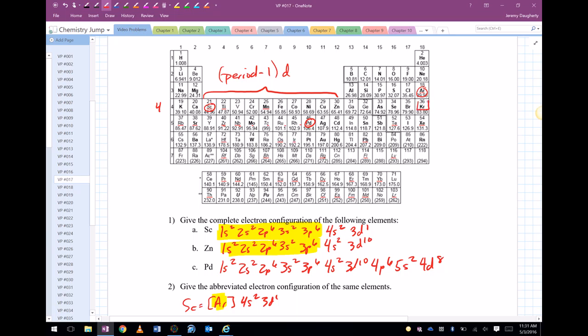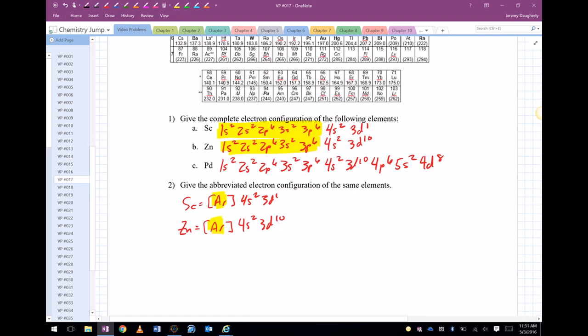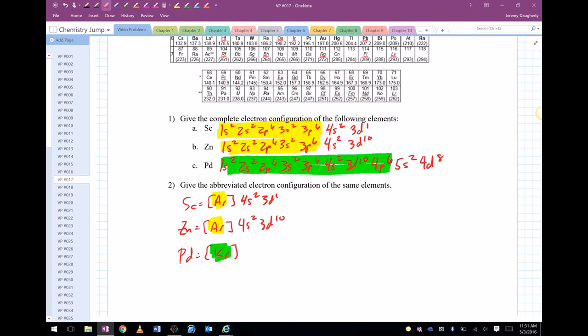We're going to be doing krypton in brackets. So for palladium, that's going to equal krypton, which is all the way up to 4p6. And so we're going to have 5s2, 4d8. So there you go, there are some D block elements for you.